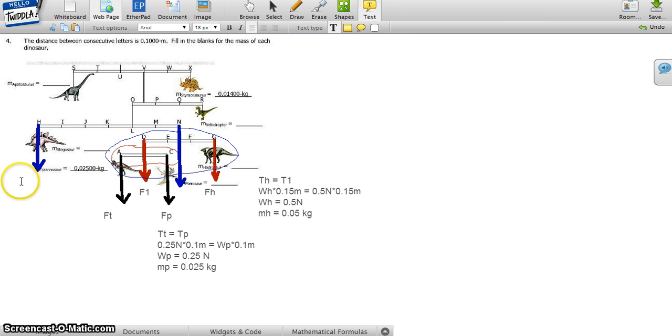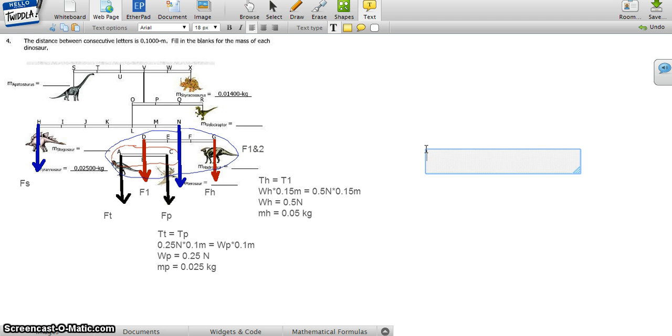Okay, so I'm going to call this the force from the stegosaur, and over here I'm going to call this the force from levels 1 and 2 combined.